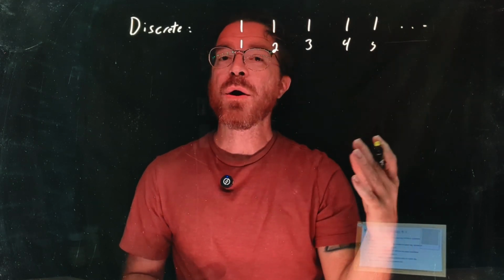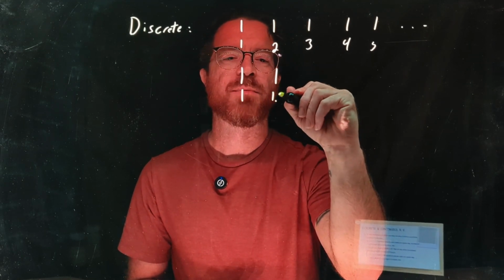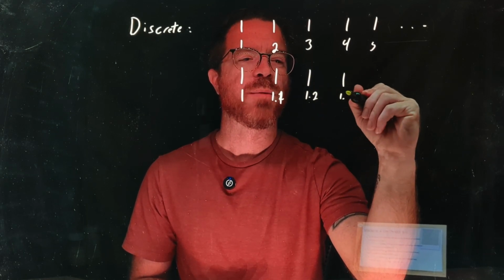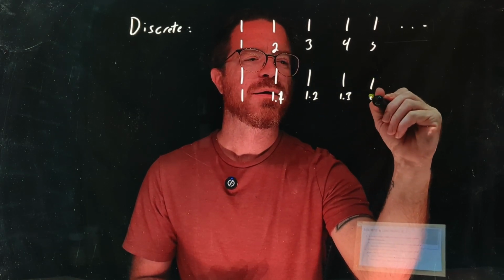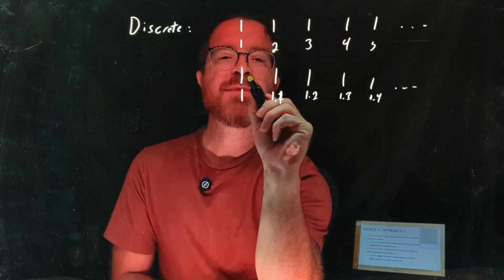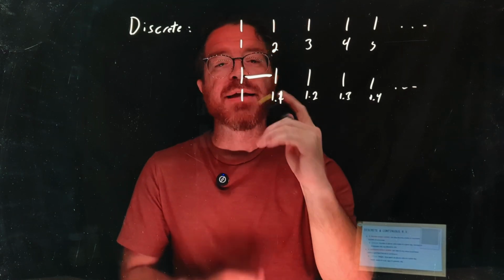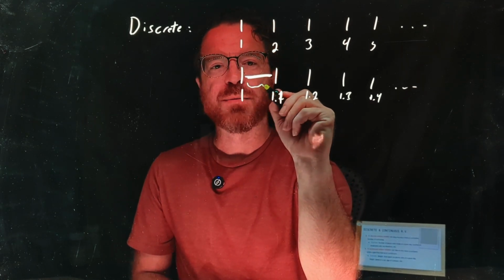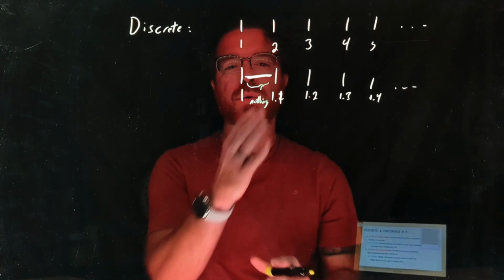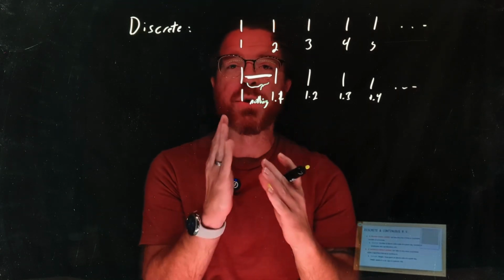Or it could even be decimals: 1, 1.1, 1.2, 1.3, 1.4, and so on. Both of these have some specific set gap between our numbers, but they don't have to be whole numbers. So there's nothing in between these values. Between any of these, there's nothing that exists. You're either 1 or, in this case, 1.1. In the top example, you're either 1 or you're 2. There is no in between.